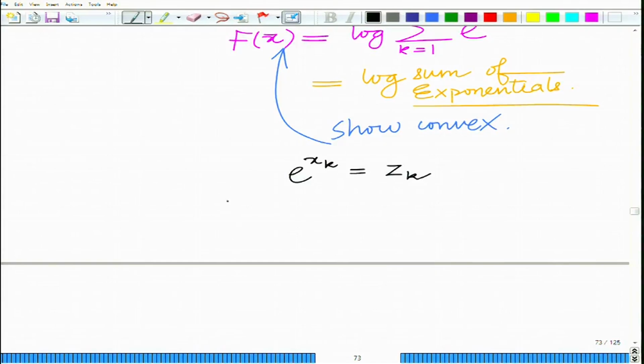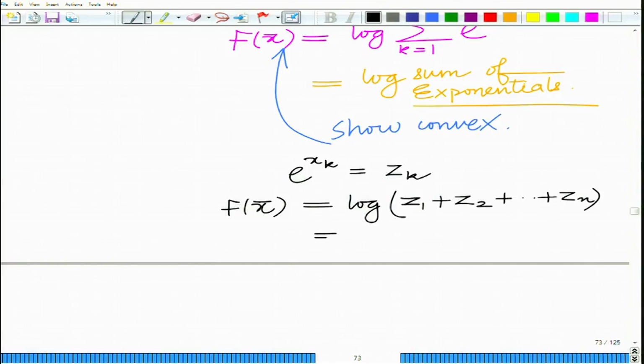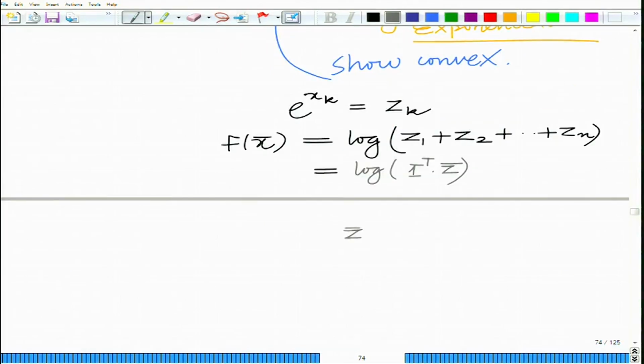So I have f of x bar equals log sum of exponentials, that is log of z1 plus z2 plus up to zn, which I can write as log of 1 bar transpose the vector z bar, where z bar is the vector z1, z2, up to zn, and 1 bar is the vector of all ones.